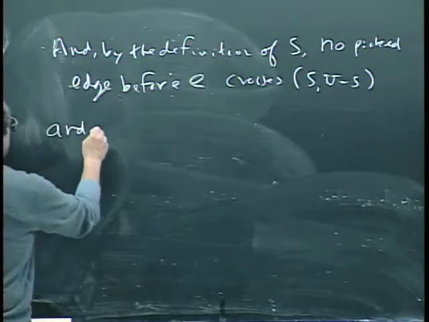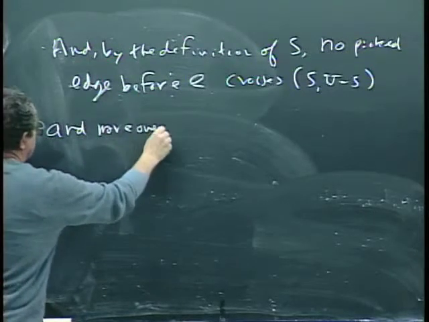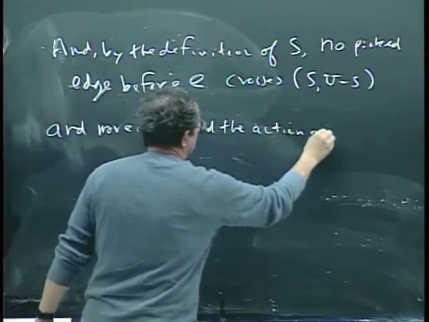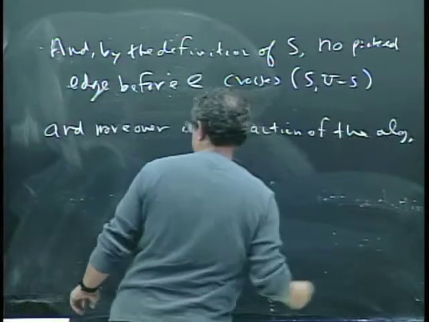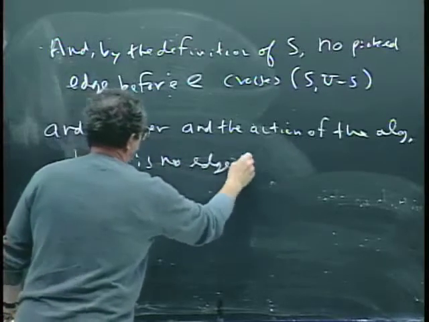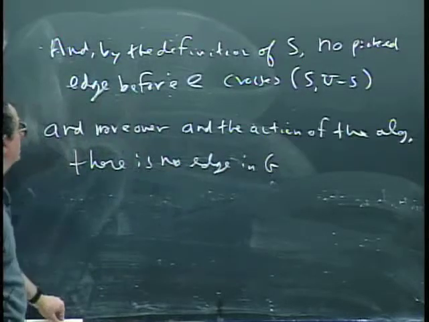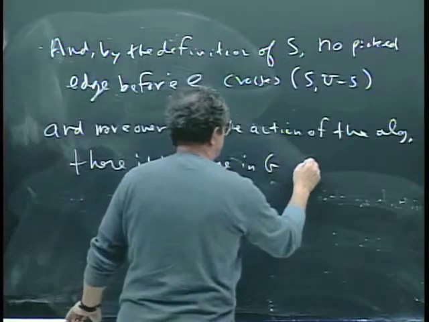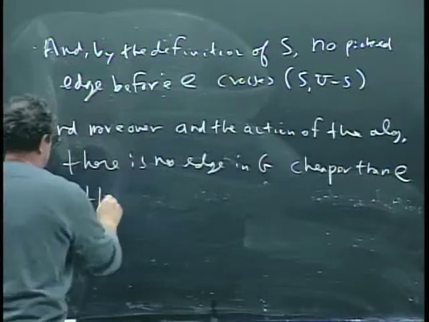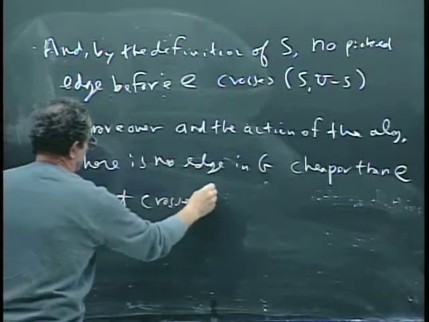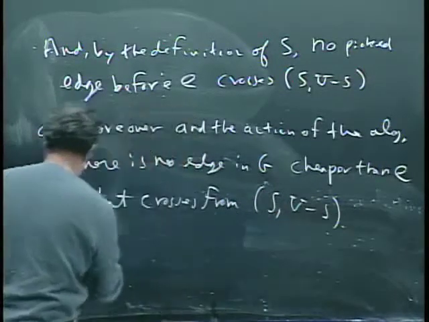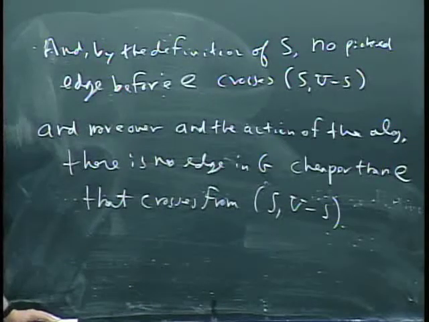And really by the same logic, moreover, in the action of the algorithm, there is no edge in G, not just in the edges that we picked, but there's no edge in G cheaper than E that crosses S, V minus S. And therefore, E is the cheapest one that crosses S to V minus S.